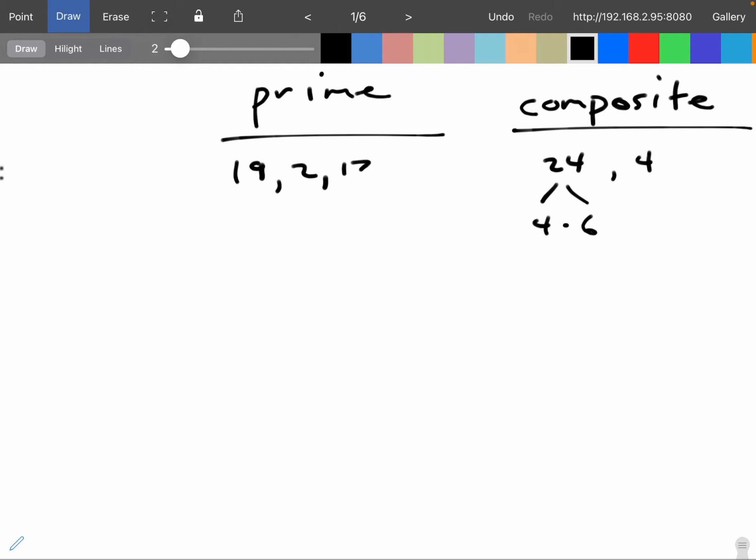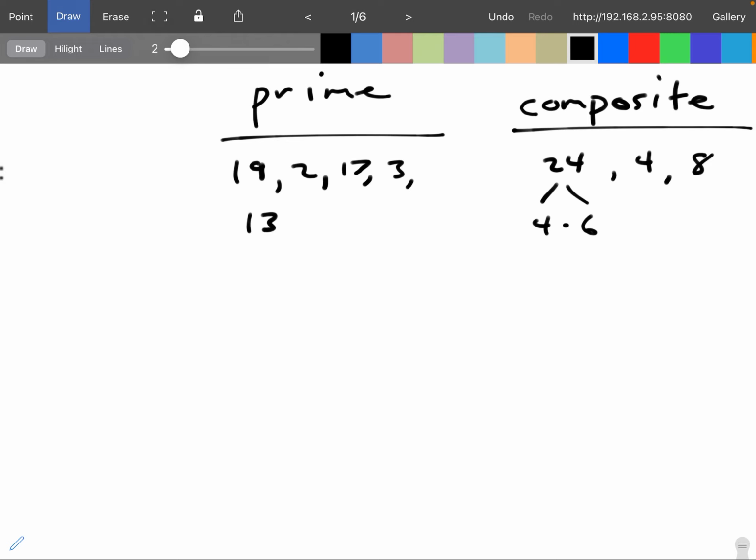17, yep, 17 would be one. 3, yep, 3 is prime. 13 is prime, yep. 6 million, that is not prime. All right, so again, prime numbers, not 8. 8 can be written as 4 times 2.